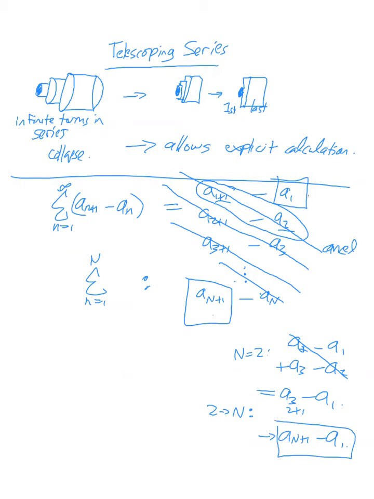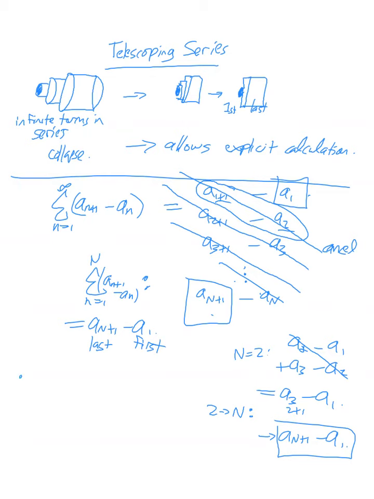So in other words, my partial sum of the series is equal to a_{n+1} minus a_1. It's the last minus the first. It's just like a telescope in that sense. Everything collapses, and you end up with an object that looks like the first and the last.